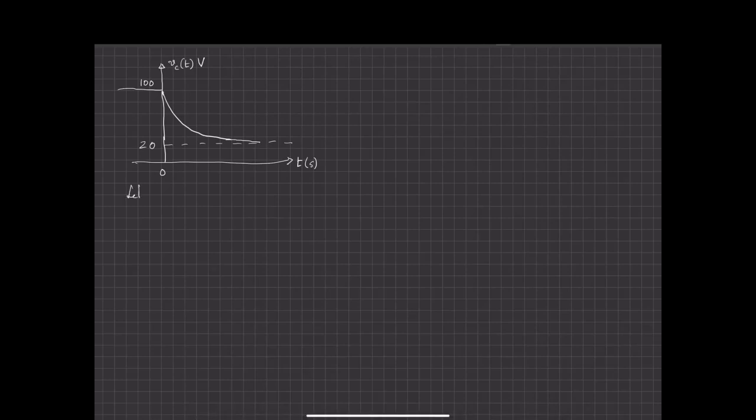Let's next determine i of t. This current was through that 200 ohm resistor, all right, on the first page, for all t.